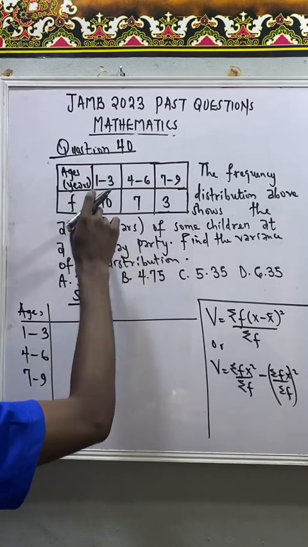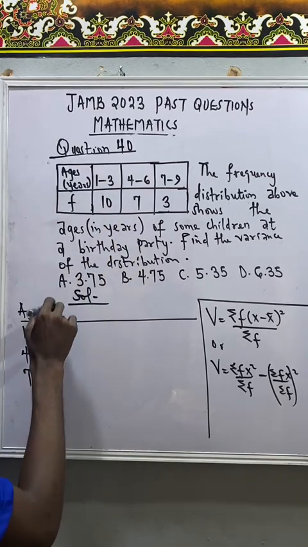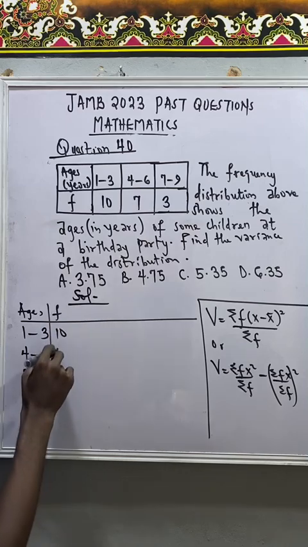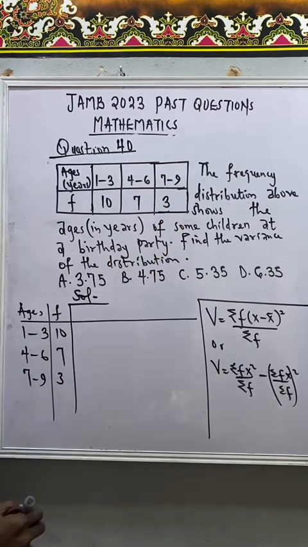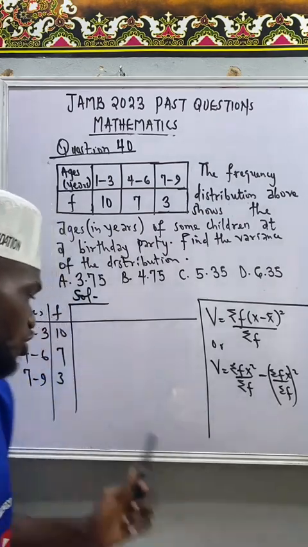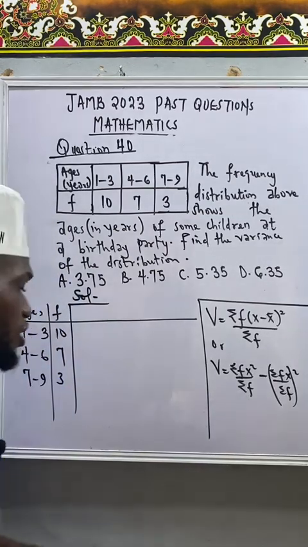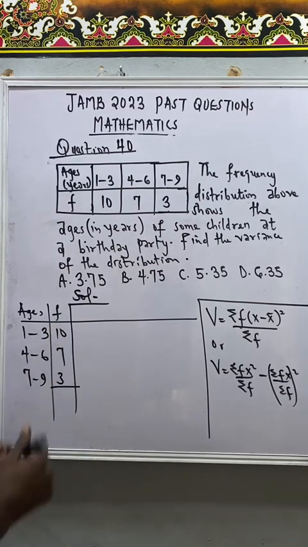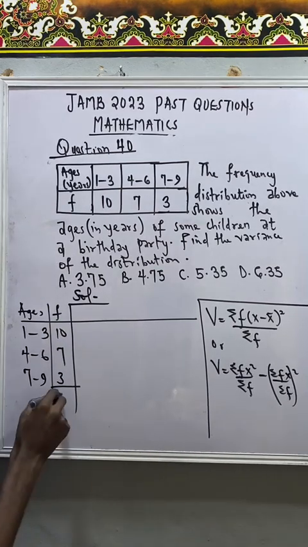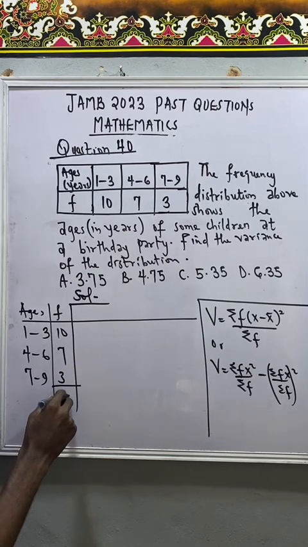What's the frequency of this? We have 10. For this, we have 7. For this, we have 3. Now, we need to take the sum of the frequency because we have it in our formula. That's 10 plus 7, that's 17. 17 plus 3, that will give me 20.